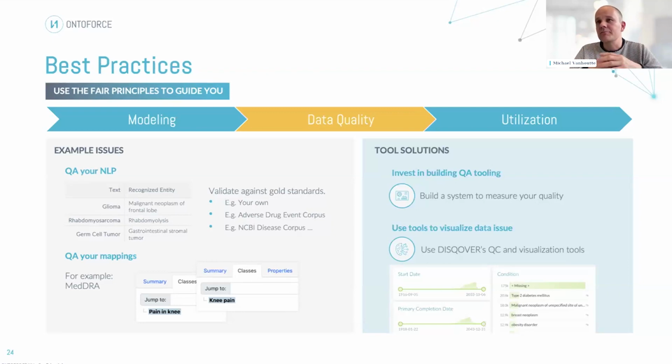One, make sure that it works from a coding perspective, from a large language model perspective. Second, when dealing with public data, we needed to make sure the large language model understood how our information is modeled in our public data, which means we needed all of these descriptions that we talked about earlier. But finally, we also spent a significant amount of time building a system to measure our quality.